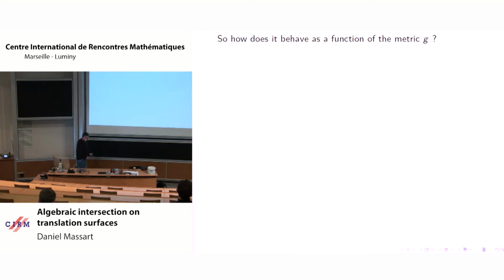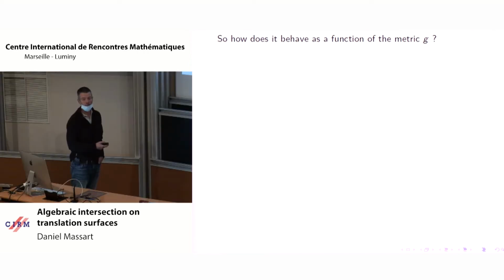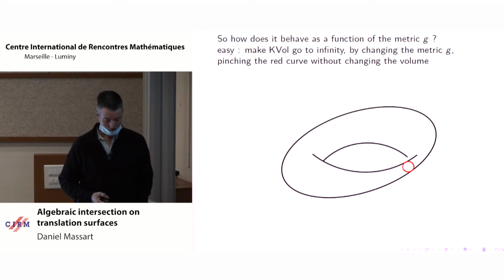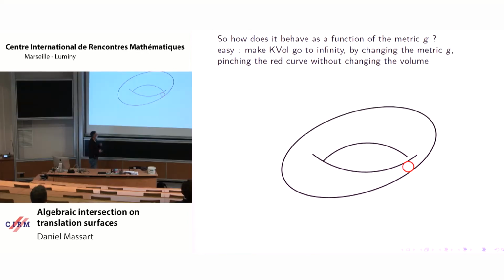And so the first question is to study this Bill as a function of the metric when you fix the genus. An easy remark is that it is easy to make it go to infinity by just pinching a curve.